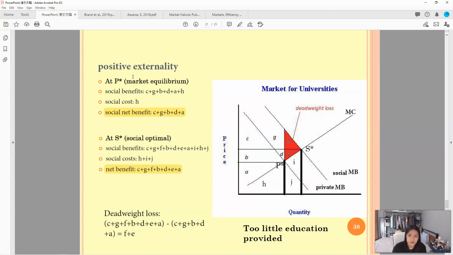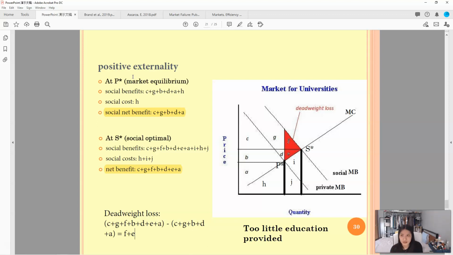What I want to say is that the social net benefits from being at market efficiency would not be the social optimal, because from the society's perspective, it has to include everyone's marginal benefits.